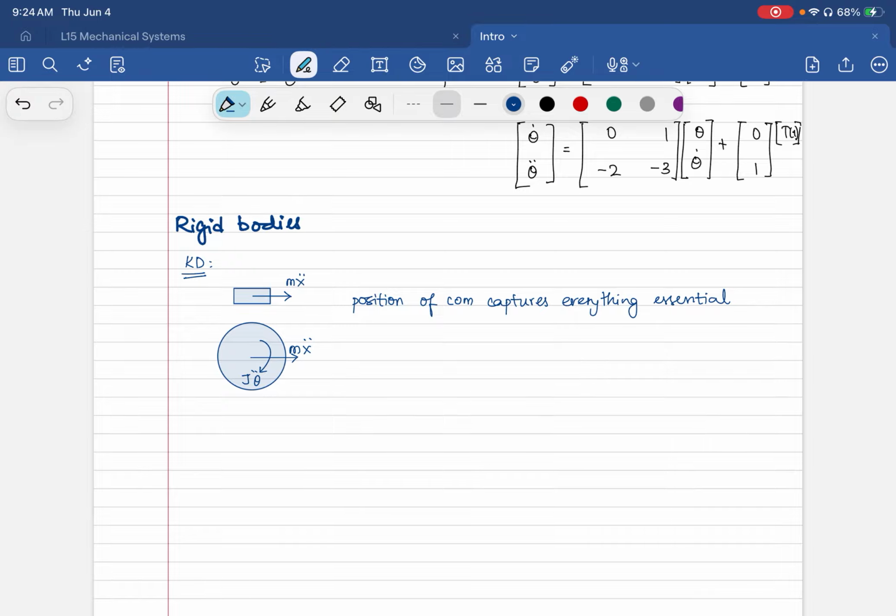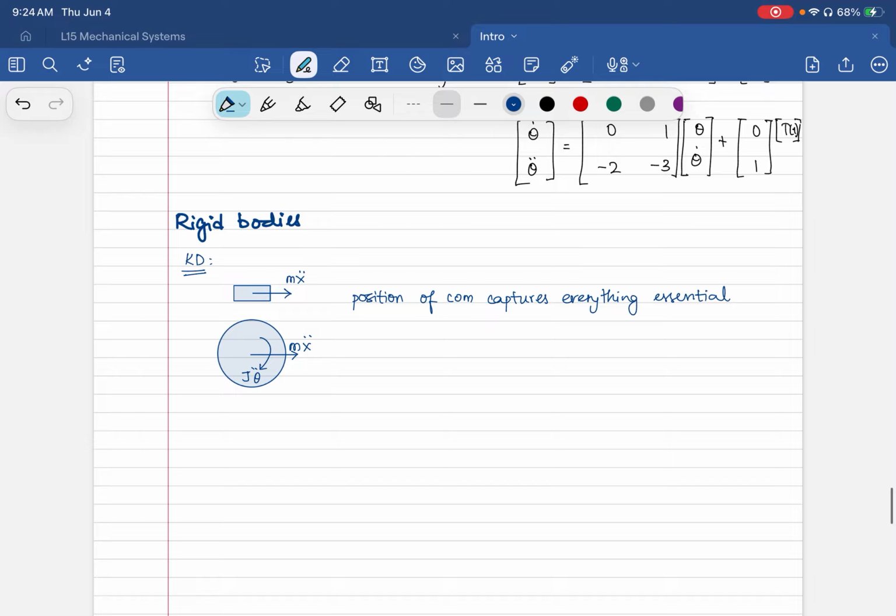Okay, so there is a moment that is being set up, and so in addition to the position of the center of mass, the rotational inertia must also be accounted for.